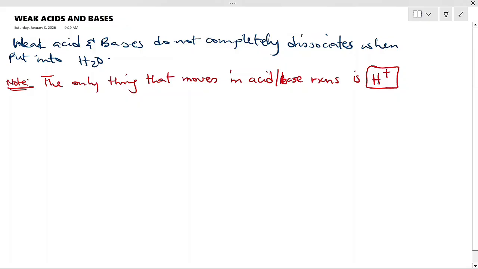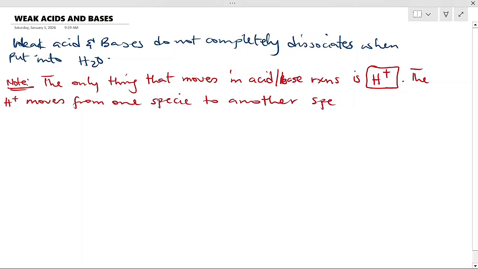Very important to note. The H plus moves from one species to another species.